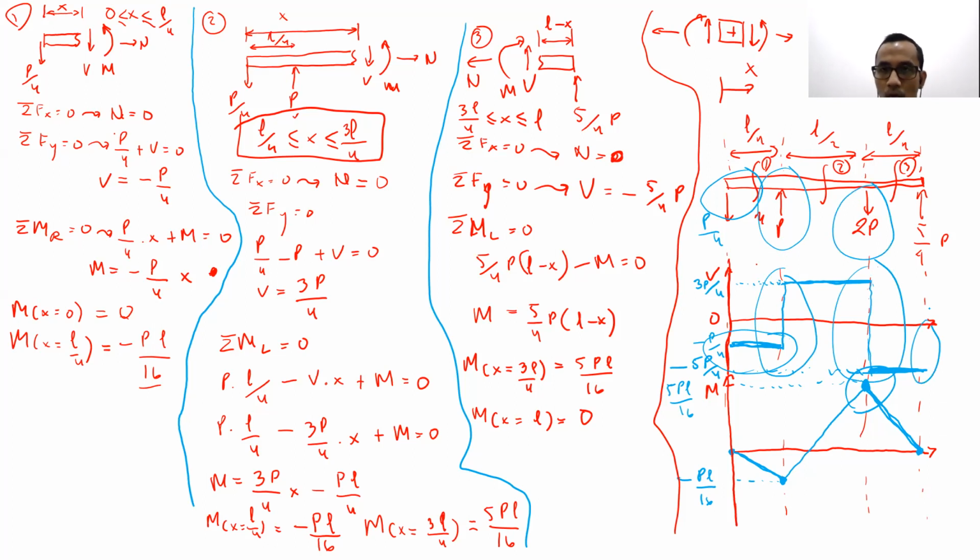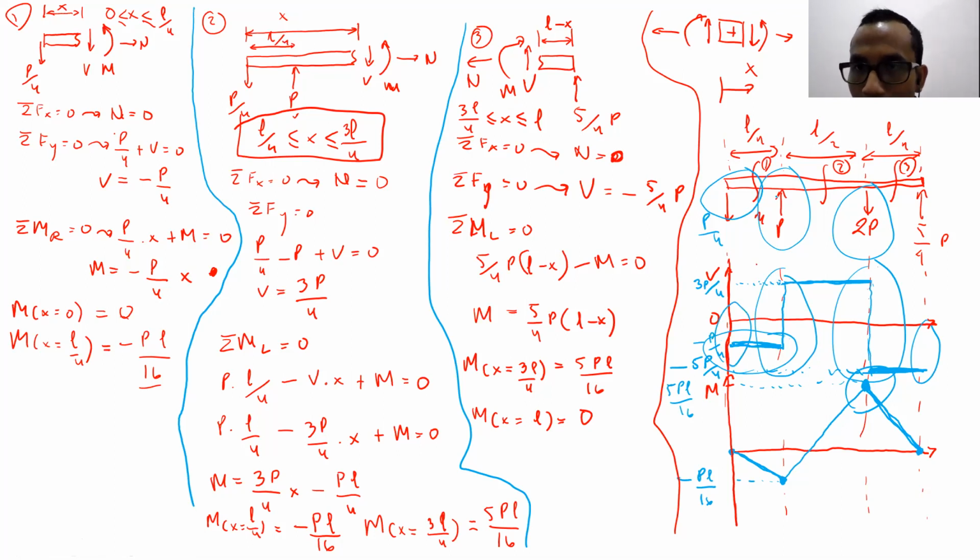So whenever we have a concentrated load, in the shear force diagram, there will be a jump there. You can see it because of P over 4 on the left edge, there was a jump to minus P over 4.